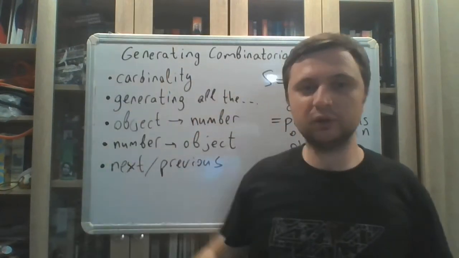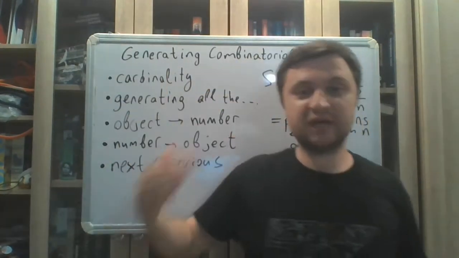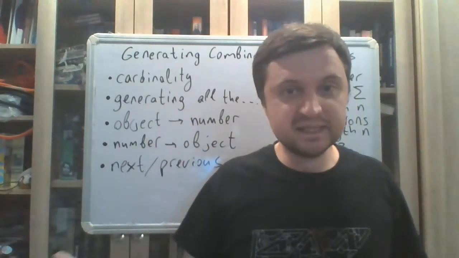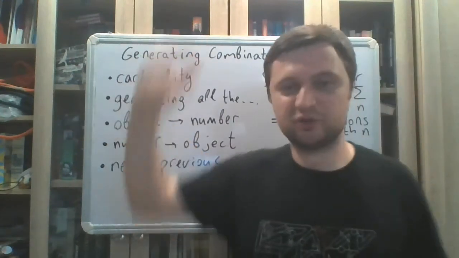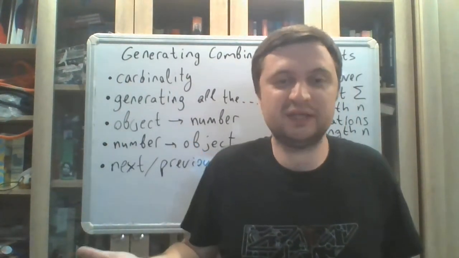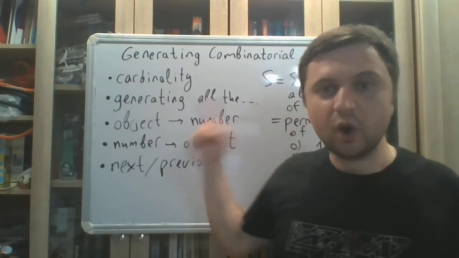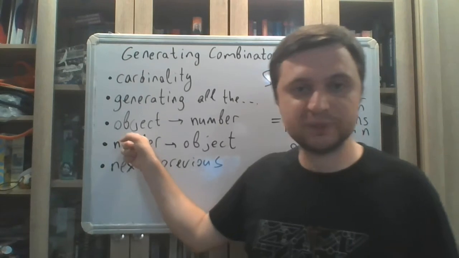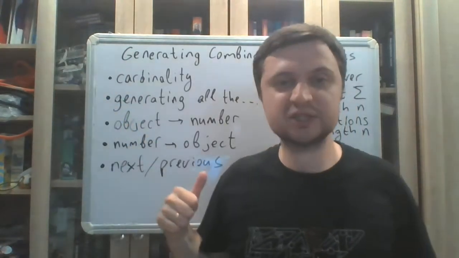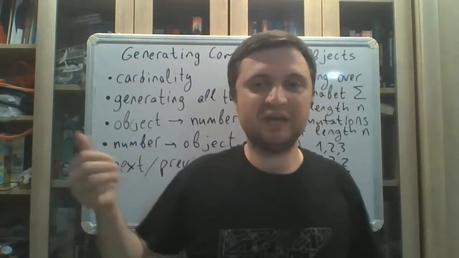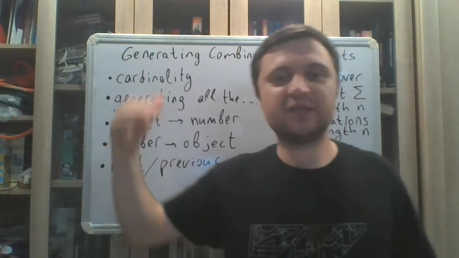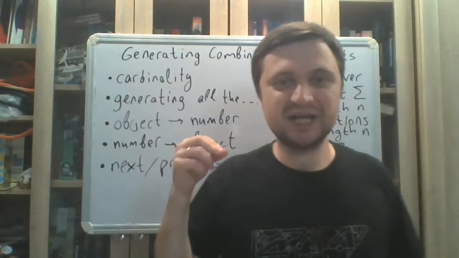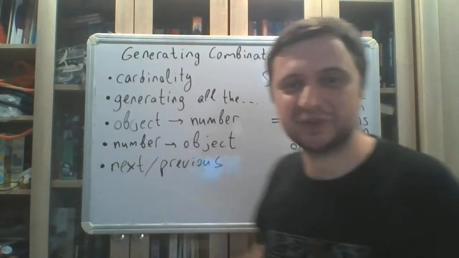But if you already have this list, then many of the tasks are easy. You can just take the length of this list and know the number of such objects, or you can just iteratively, with a linear search, find your object in this list and then see its number. If you have done this, then the very slow but working procedure for all the other tasks is quite easy to understand.